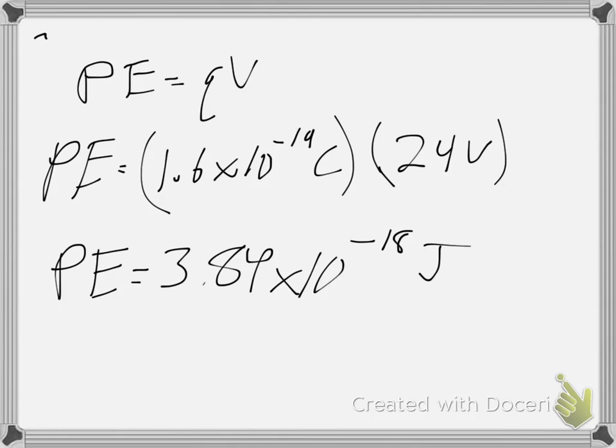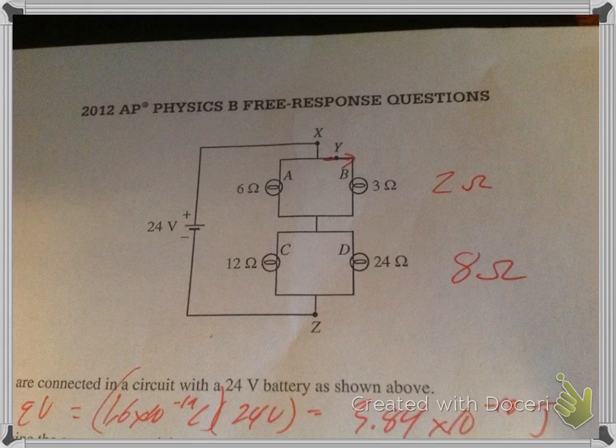Alright, and you're asked to see whether the electron gains or loses potential energy as it moves from point Z to X. Now, here's my little sketch. If you're at point Z, how about a nice green color? So if we're at point Z, my electron is close to the negative end of the circuit. If I move to point X, it's close to the positive.